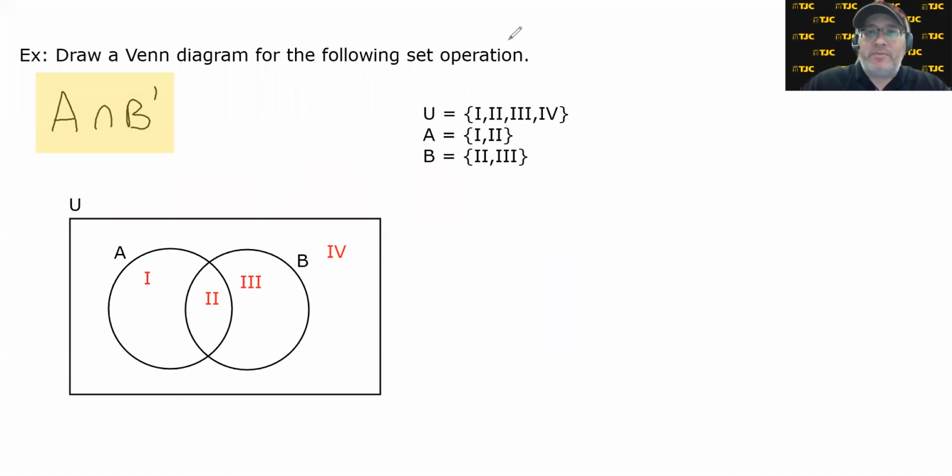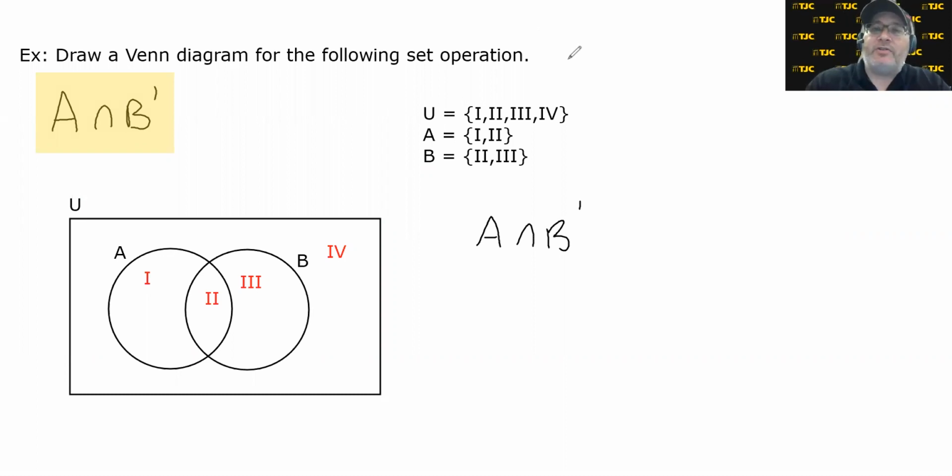All right. So to build this answer, we're going to start by figuring out the correct order in which to build this set. Now, granted, step 1 is already done because we made the recognitions up here of what regions comprise the universe, set A and set B. But if we want to figure out A intersect B complement, we have to determine the correct order in which to do it. There are no parentheses.